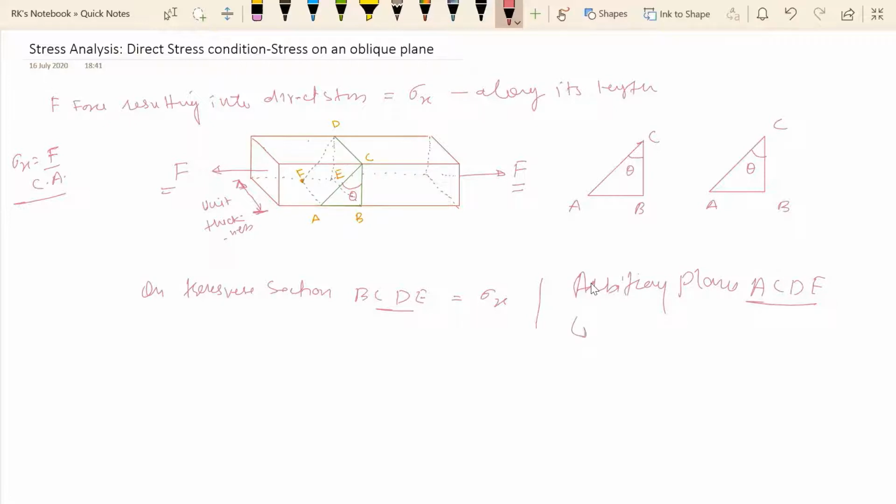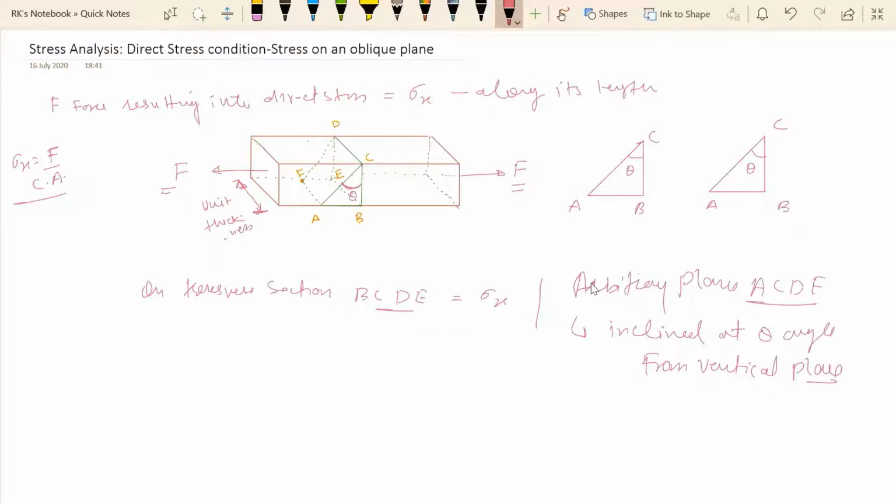Here the vertical plane we are considering is BCDE. So this ACDF plane is inclined at theta angle from the vertical plane. This angle is theta.